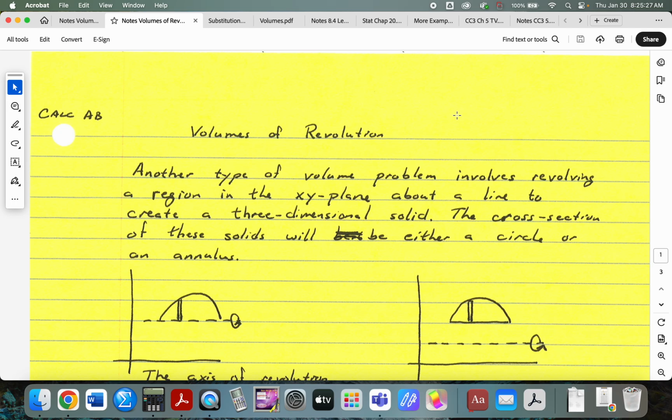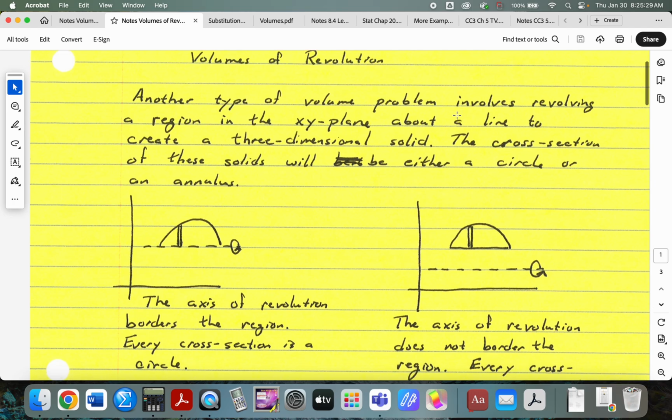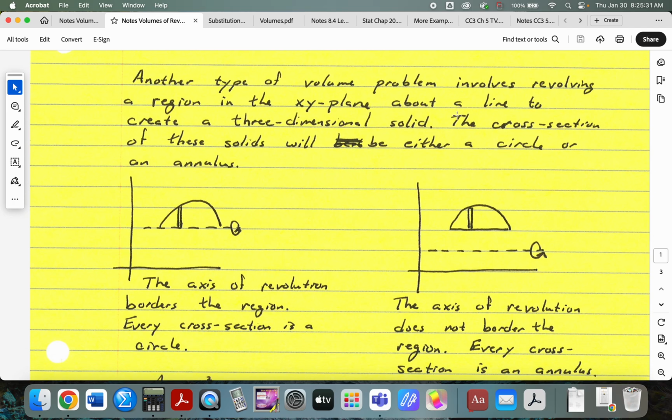So the idea here is that instead of having a static object, like a building or something, what we're going to do is rotate our region in the XY plane around some line. We will only do this around horizontal and vertical lines.